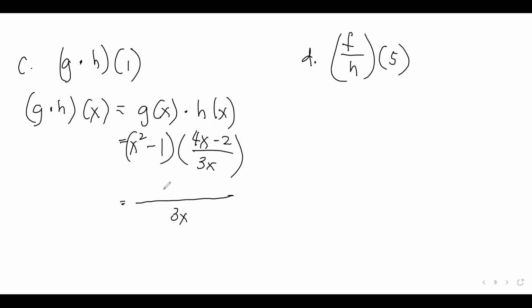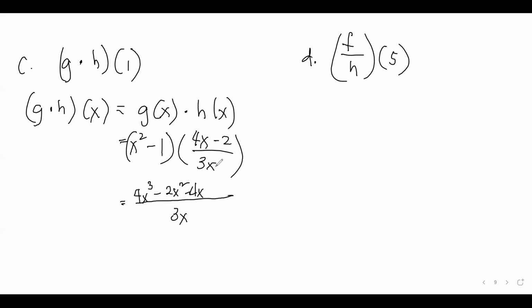X squared times 4x, that would be 4x cubed. X squared times negative 2, that would be negative 2x squared. Negative 1 times 4x, that would be negative 4x.